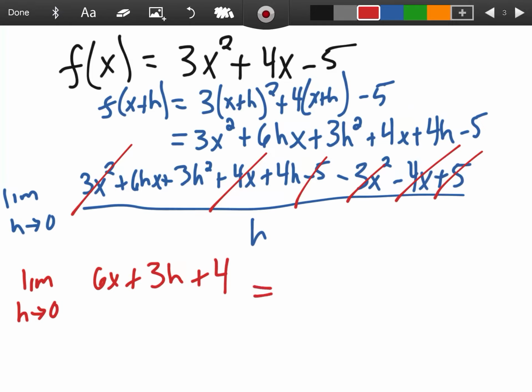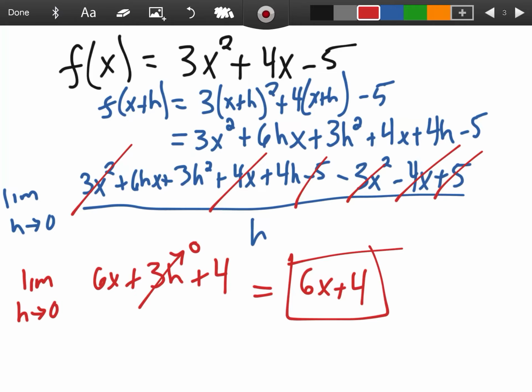Well, when I evaluate that limit as h goes to 0, this term is going to go to 0, leaving me with just 6x plus 4. And now that is a lot of work to find an answer that we are going to learn a new method to find it in just a couple of seconds. And it is really important that we understand this method. That's what the derivative comes from, is finding the slope, and then as those 2 points get infinitely close together, what is going to be that instantaneous slope.